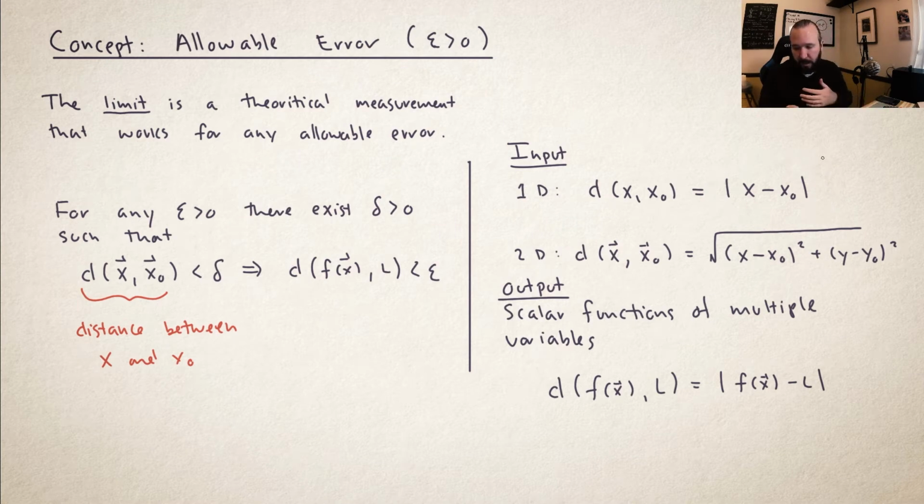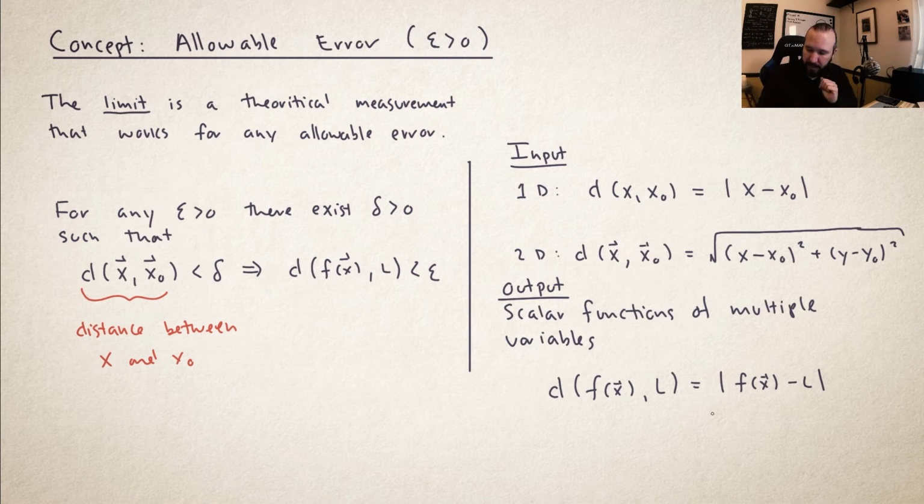And then I also want to do an example where the domain is a two-dimensional object. So here I put the definition of distance in two dimensions. The context of this lesson is where the outputs are scalar functions of multiple variables.